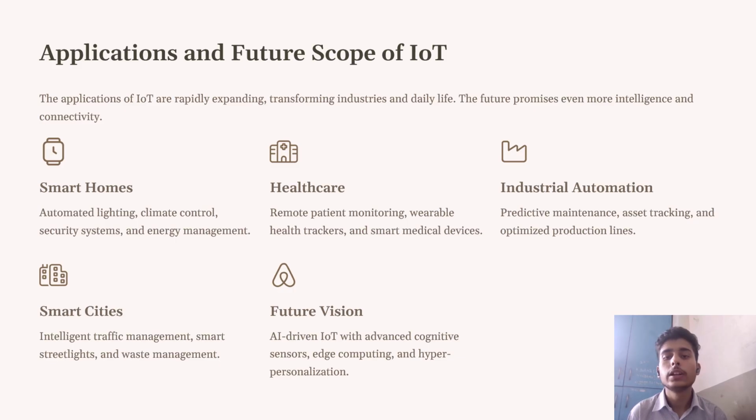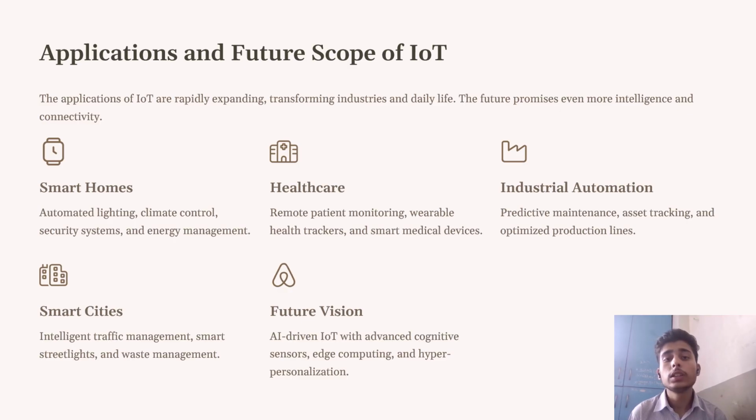Third one is industrial automation. It provides continuous monitoring of machines and asset tracking. Next one is smart cities. It involves automated traffic management, automated street light control, and waste management.